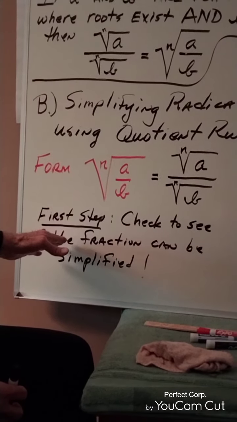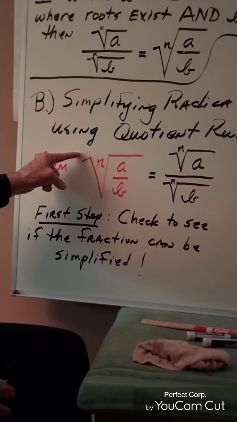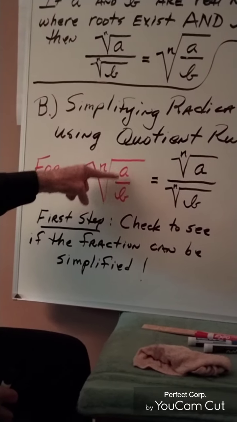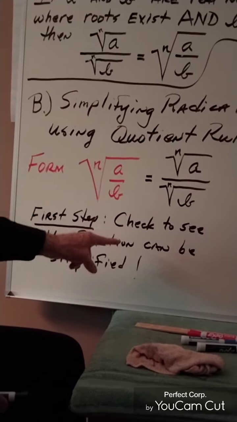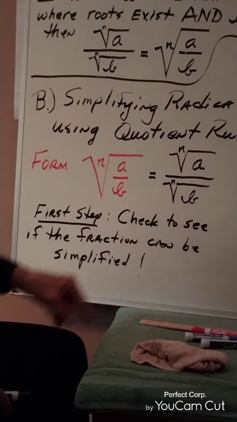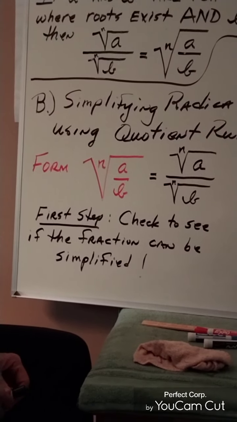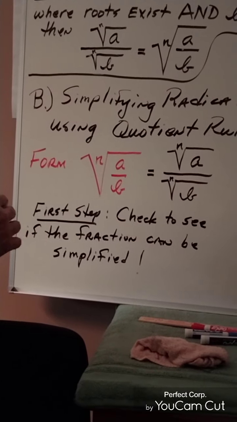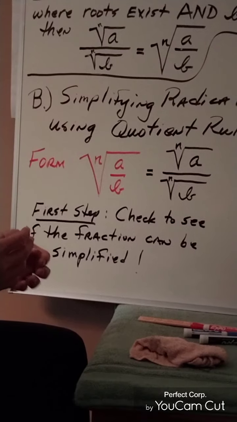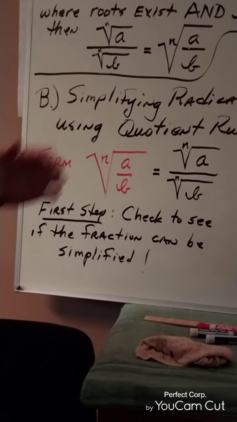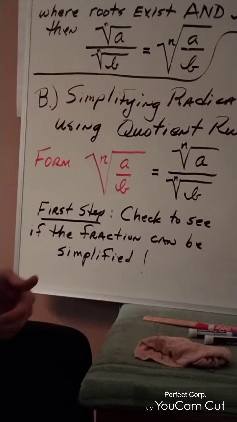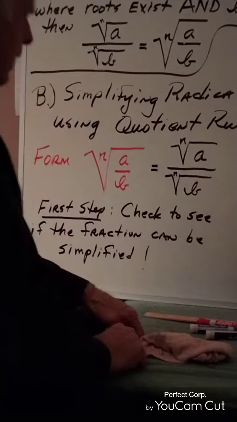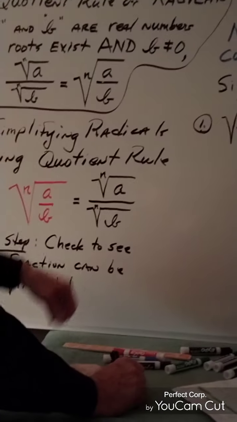So as a first step, when you're looking at the form of a radical expression where you have a fraction in the radicand, always check to see possibly if that fraction can be simplified. In other words, can the fraction be reduced? Can the fraction actually be divided if the numerator is larger than the denominator? Check to see if that fraction can be simplified first.